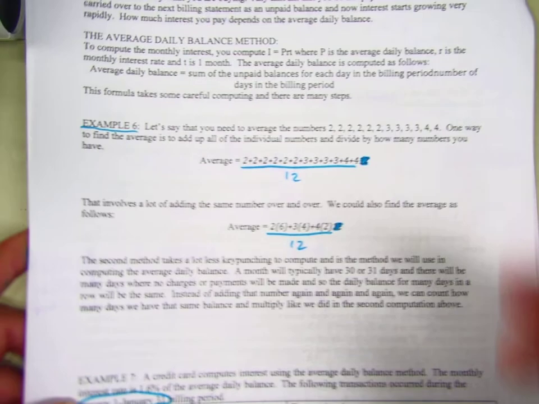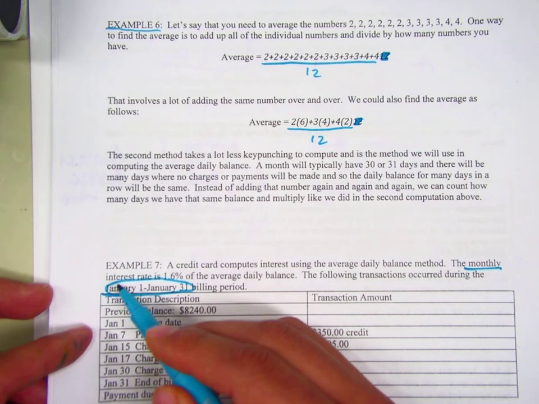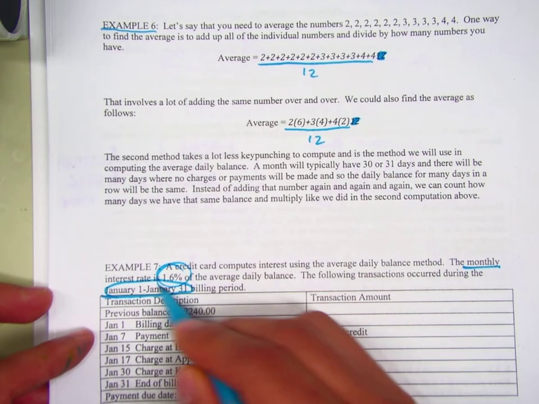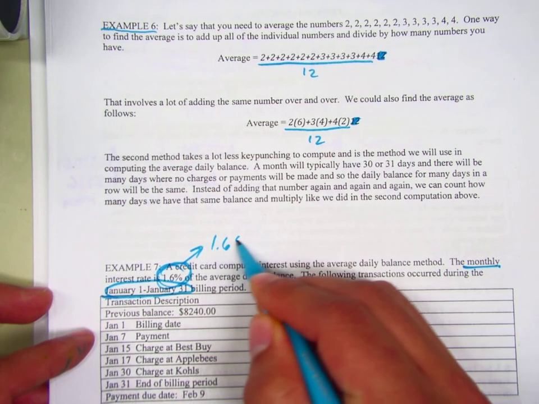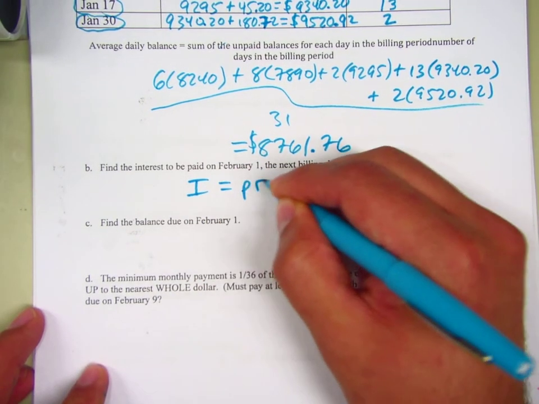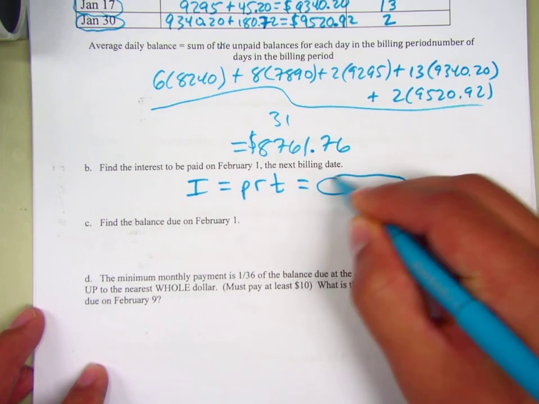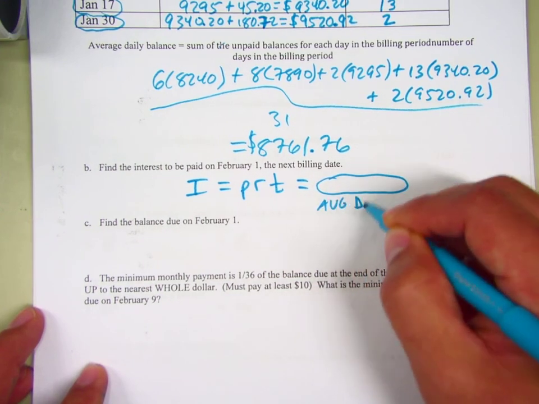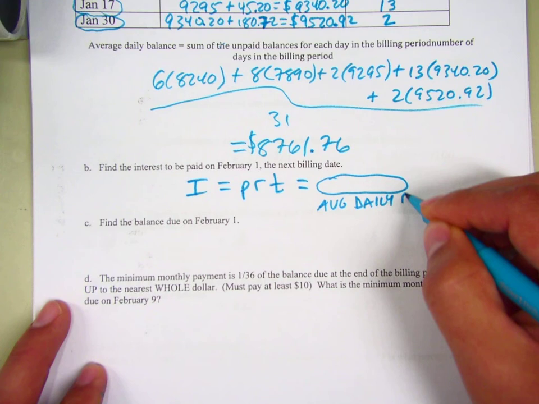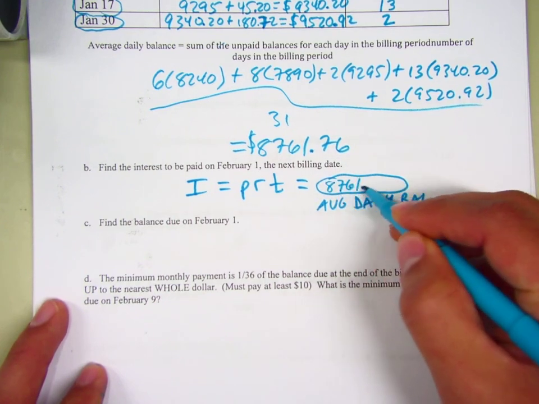They say the monthly interest rate, back here, the monthly interest rate is 1.6%. Okay? So if we're trying to calculate the interest, we still use interest equals PRT, but for our principal, right here is the average daily balance. So that value that we just got, 87.61.76, that's what we consider our P value.